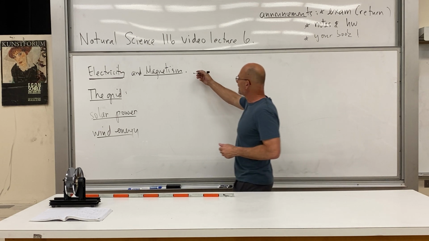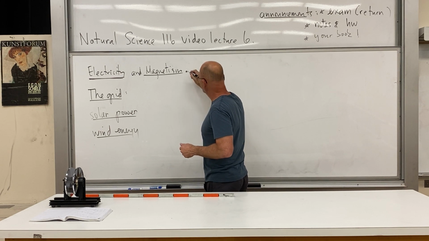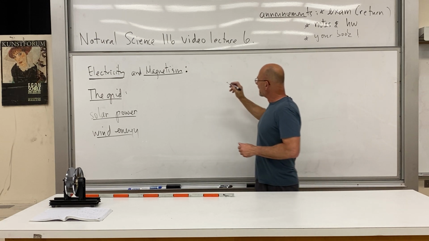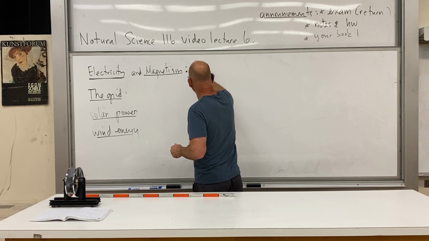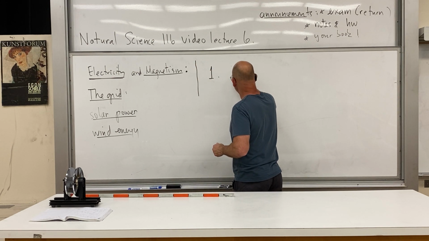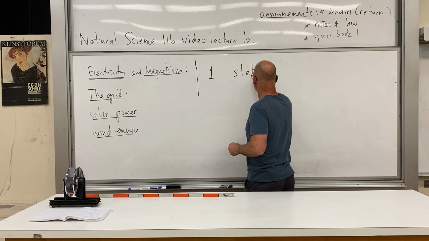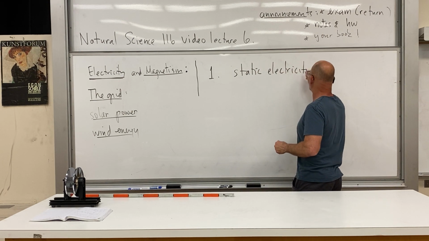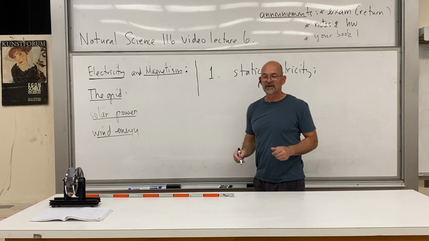Okay, so electricity and magnetism all being tied into the energy concept. So we will begin this topic here with what's called electrostatics, or static electricity. And everybody has some experience of that.